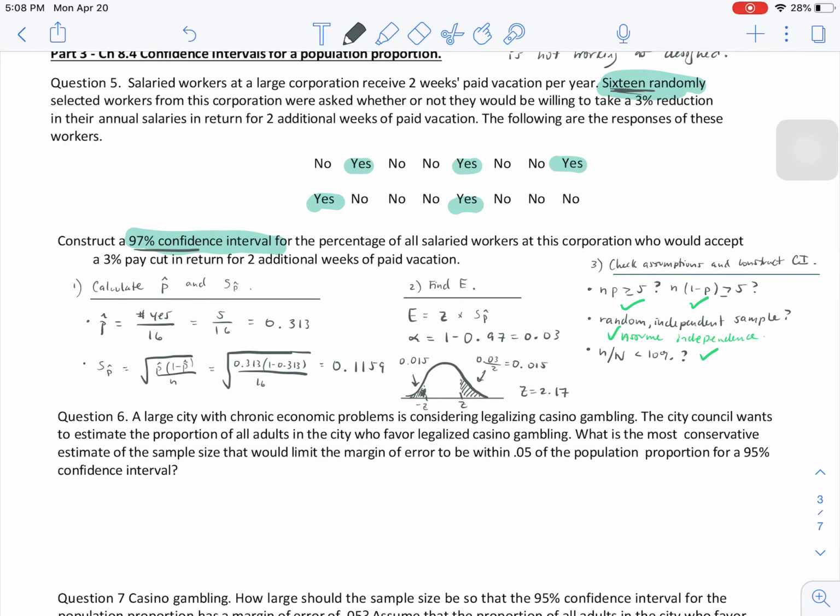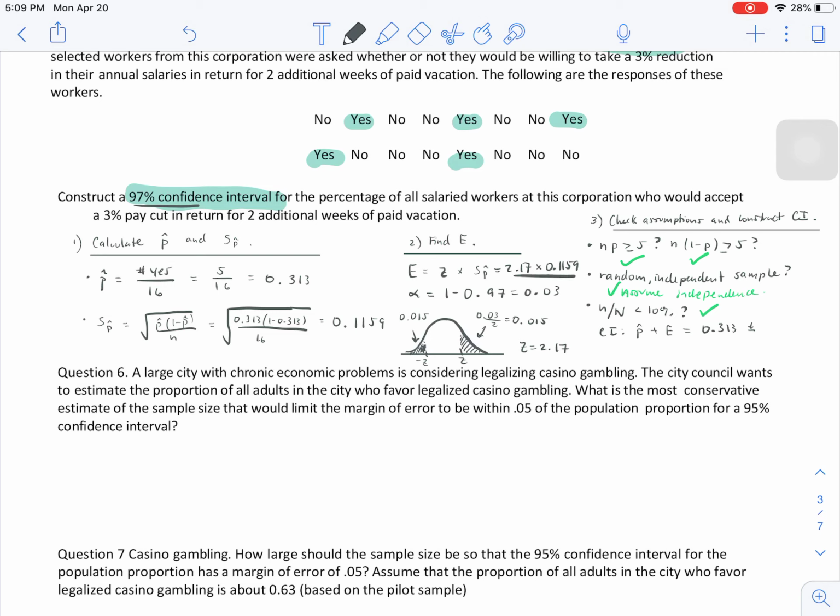So now let's construct our confidence interval. Remember that our confidence interval is given by our sample proportion plus or minus our margin of error. So this is equal to 0.313 plus or minus our margin of error, which would be 2.17 times our sample standard deviation, which is 0.1159.